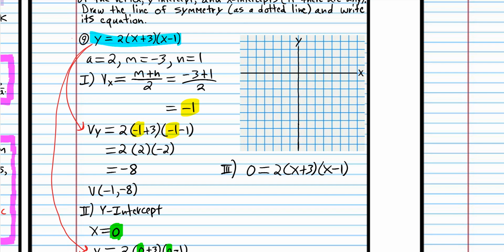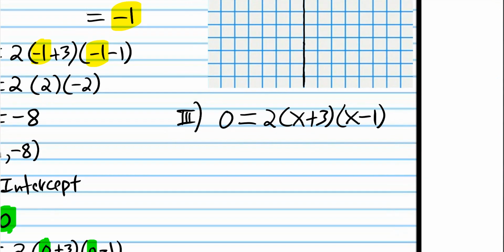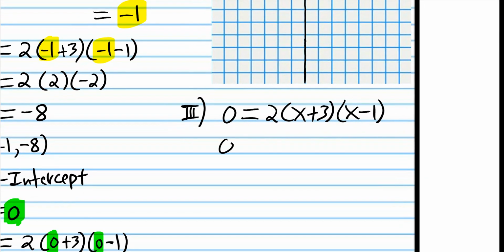But the logic behind this, again, we know the x-intercepts are -3 and +1. But the logic behind that is when you plug in -3 or +1, it makes this expression here 0, and therefore it works in the equation, so those must be x-intercepts. So in case you don't know what I mean by that, let's plug in -3 and see what happens.